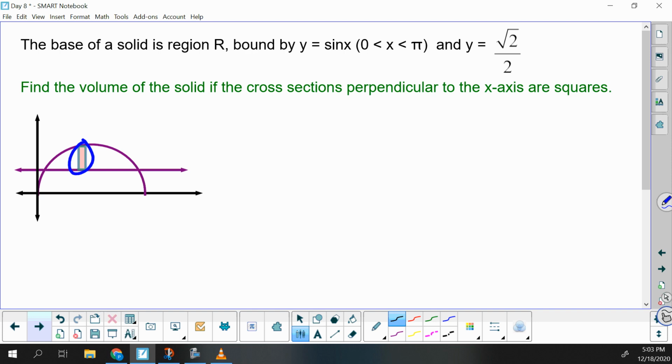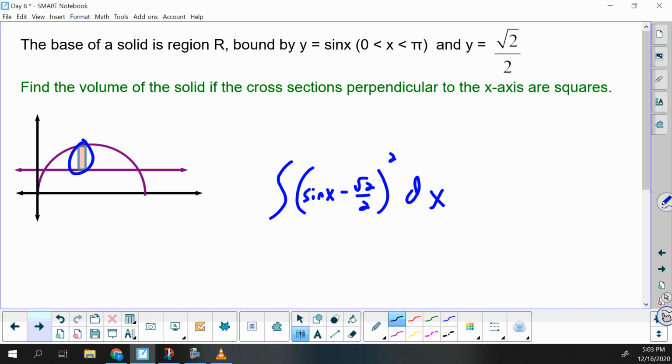Well, it's top minus bottom because we're in terms of dx. So our top is sine x, the bottom is square root of 2 over 2. So we're just going to have sine x minus square root of 2 over 2. And again, that's squared is coming from we're doing side times side for the square.